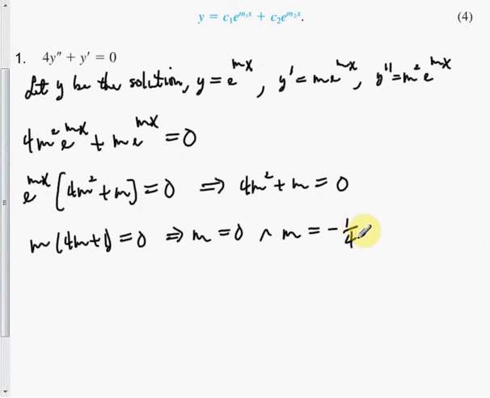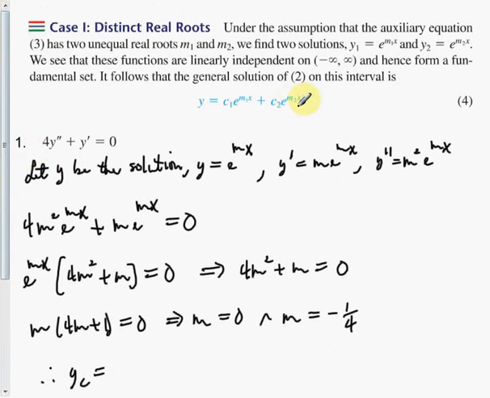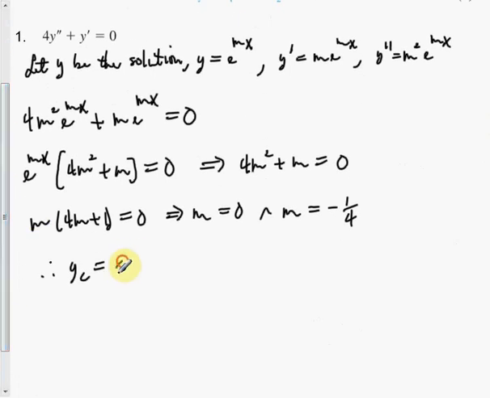So these are my two distinct roots for m. So my solution, y sub c, see how they want us to write it, right here. Just going to write it in that fashion. My m sub 1 is 0, my m sub 2 is negative 1/4. So this is c sub 1 times e to the 0 times x plus c sub 2 times e to the negative 1/4 times x.